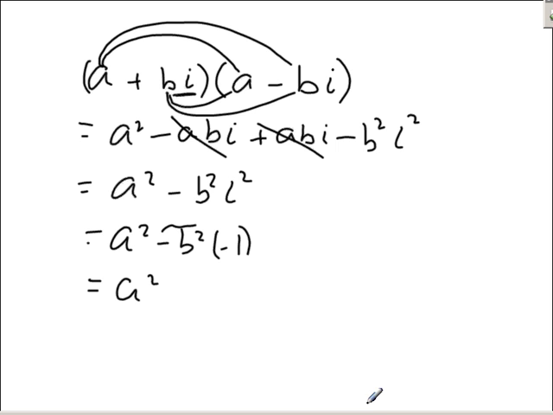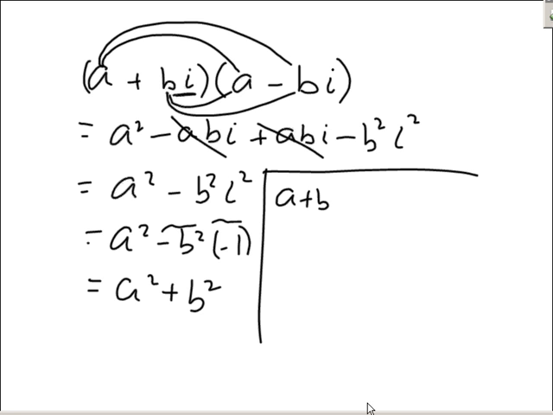And negative b squared times negative 1, negative times negative is positive b squared. If you take a plus bi and you multiply it by a minus bi, you get a squared plus b squared, which, by the way, is a real number.